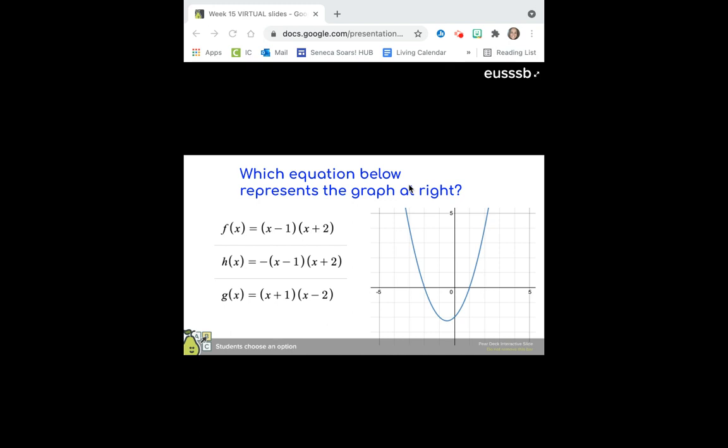All right, so looking at that graph, which equation would correctly model that graph? So remember, check your two things that we've been working with. Check your orientation, check your x-intercepts.